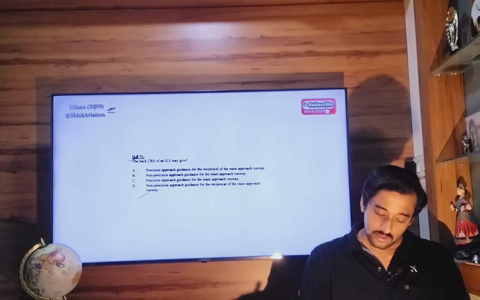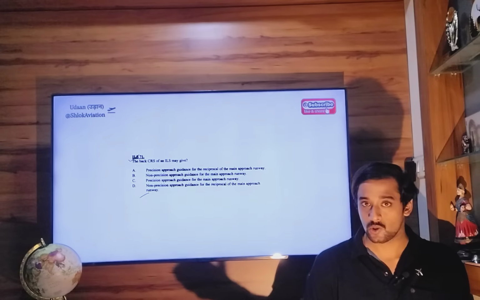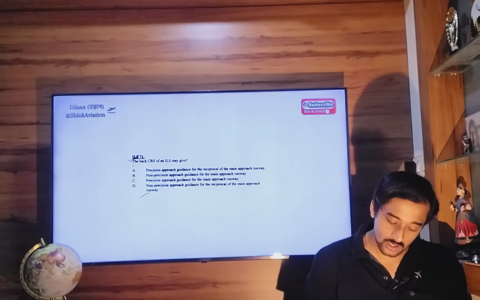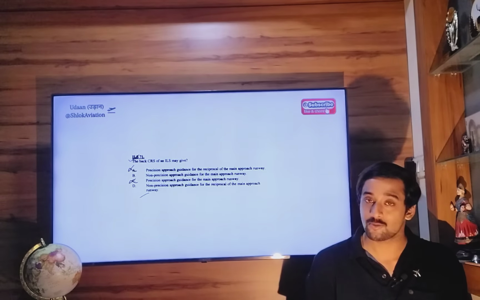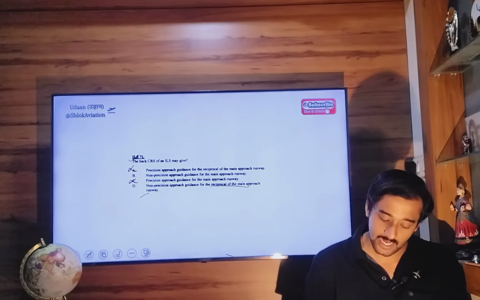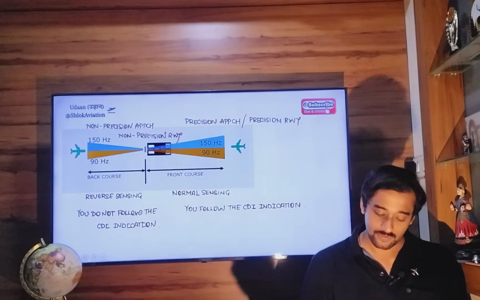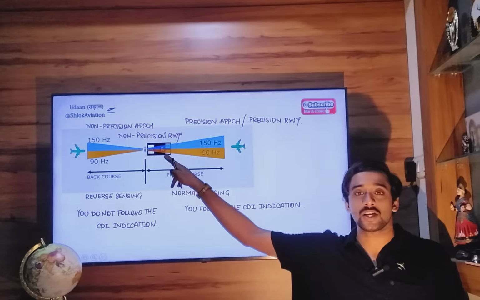So the back course of an ILS may give precision approach guidance? No, there is no glide slope available, so not a precision approach. So Charlie is also eliminated. Bravo: non-precision approach guidance to the main approach runway. Non-precision approach guidance for the reciprocal of the main approach runway, Delta. So it will give you a non-precision approach for this non-precision runway.